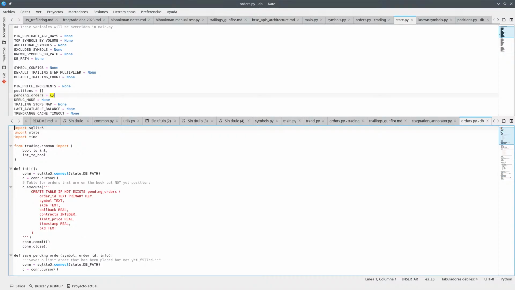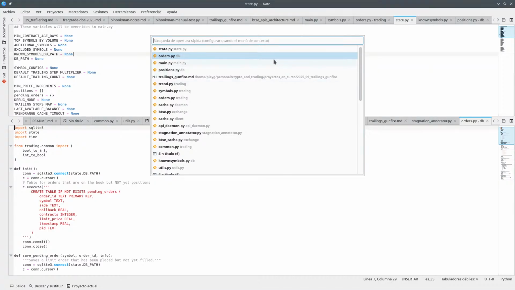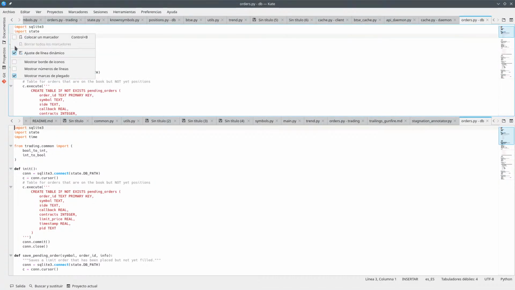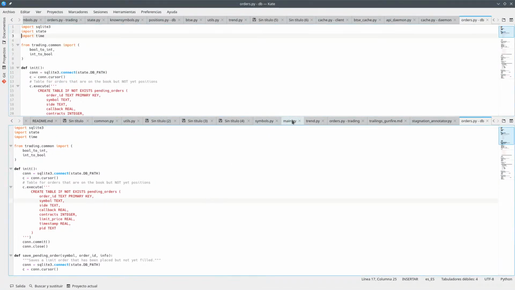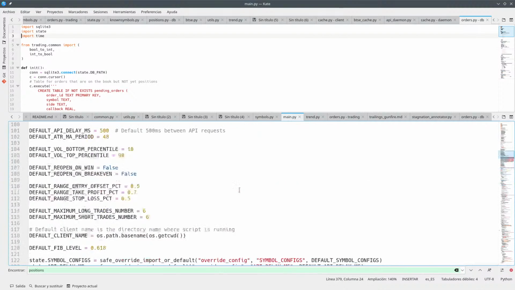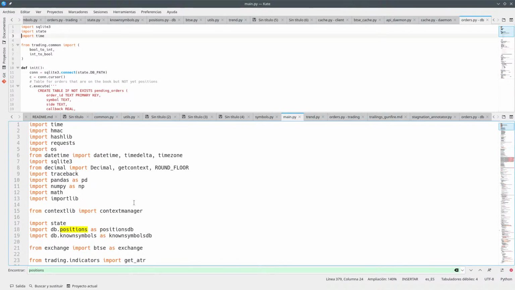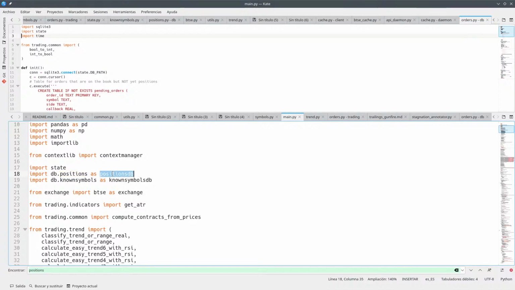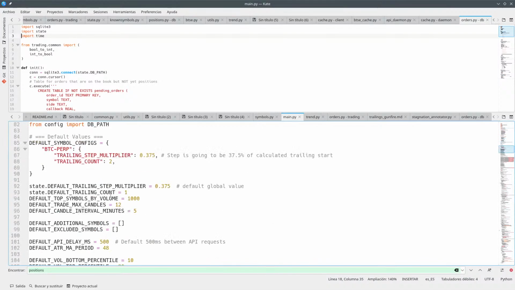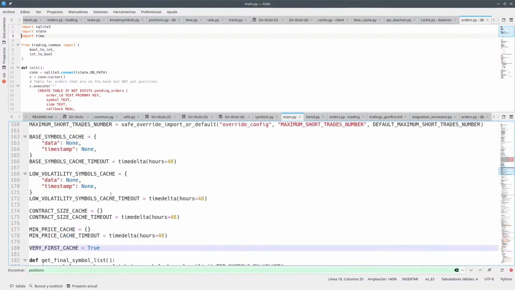Yeah, so basically we need to figure out what else we are doing in the main program regarding the positions, and do the same thing with pending orders. So orders.py db, we're going to open it on the top, and let's go into main.py and see what the hell we do exactly with this positions db thing. I want to know what the hell we are doing in here.